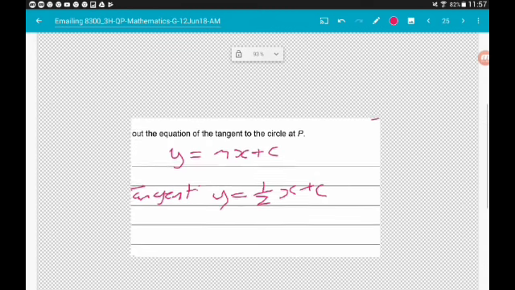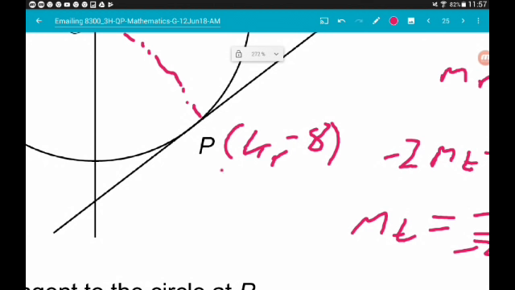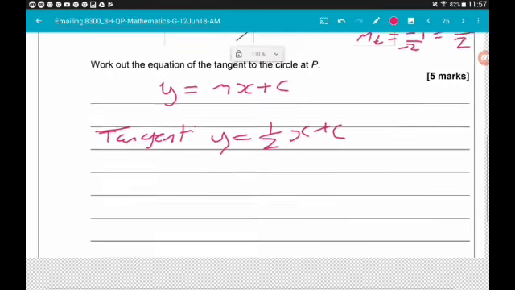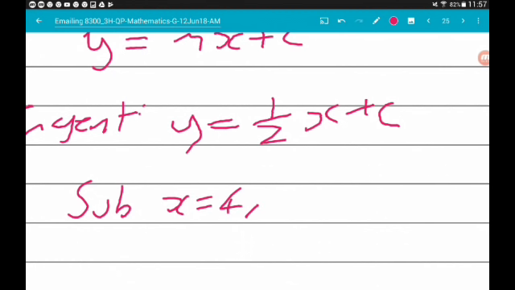Now the final thing we need to do is find the value of c. So to do that, we substitute the coordinates of the point that we know lies on the tangent. So this is telling us x is equal to 4 and y is equal to -8.